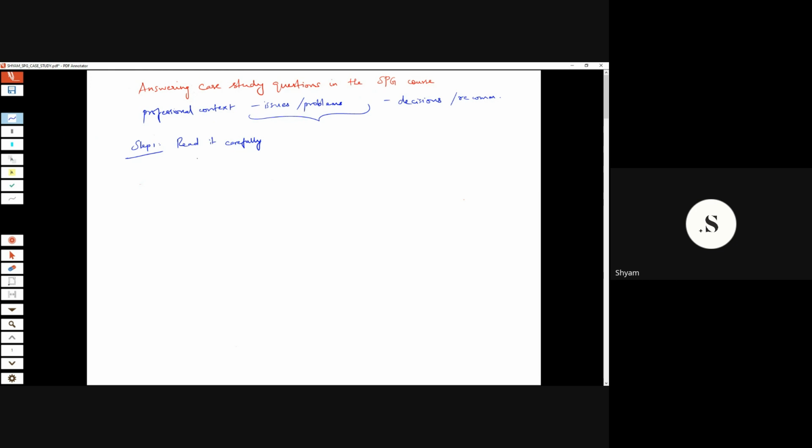While reading, I'm sure you will be given some rough sheets. So make note of the key points in the case study. Highlight issues that you see in that given case study.